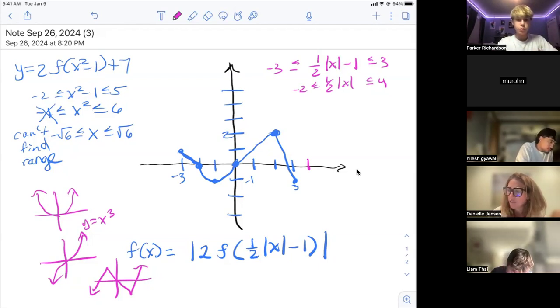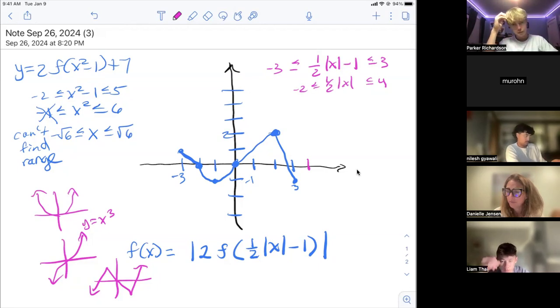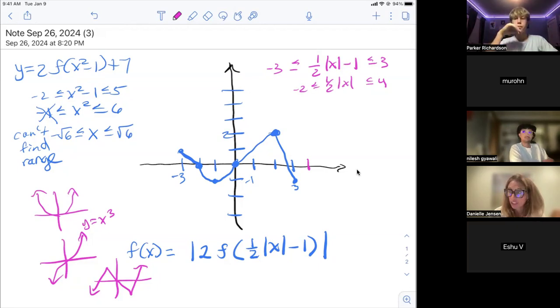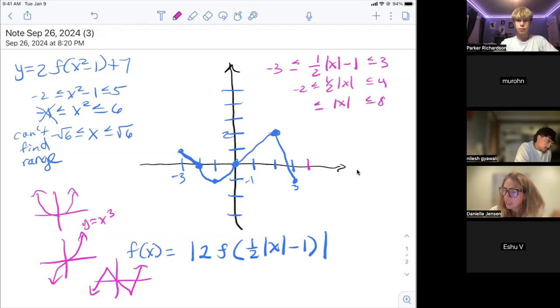Because what would be the second step after I shift everything over 1? Multiply by 2, exactly. So I'm going to horizontally stretch it. So it should be 8, -4.